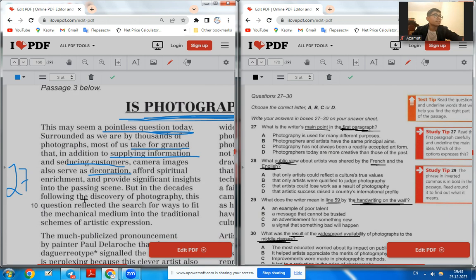But in the decades following the discovery of photography, this question reflects the search for ways to fit the mechanical medium into the traditional themes of artistic expression.